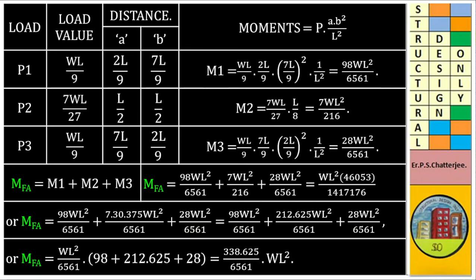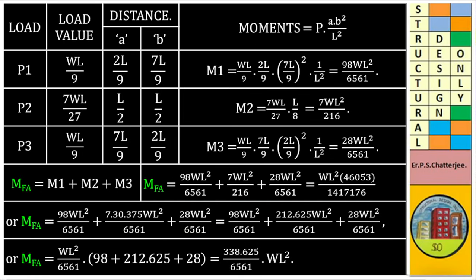1417176. Or MFA is equal to 98 WL square divided by 651 plus 735 WL square divided by 651 plus 28 WL square divided by 6561, which is equal to 98 WL square divided by 651 plus 212.625 divided by 651 into WL square plus 28 WL square divided by 651.